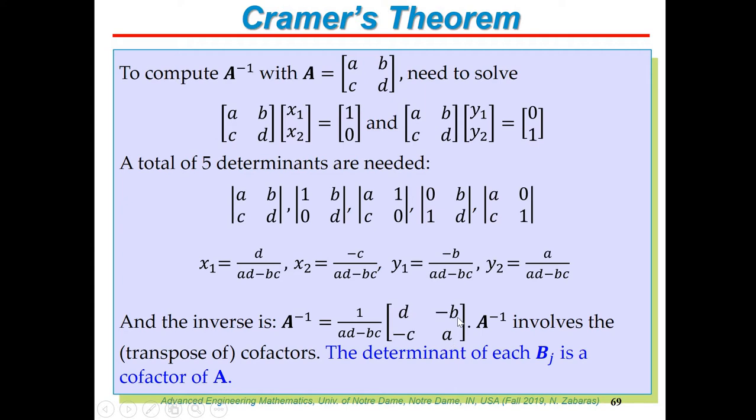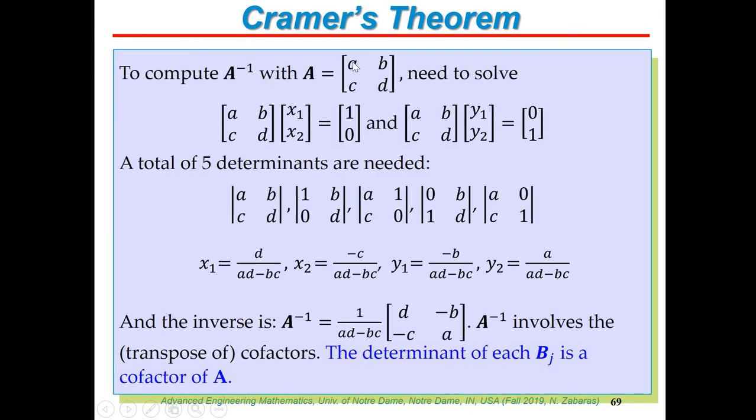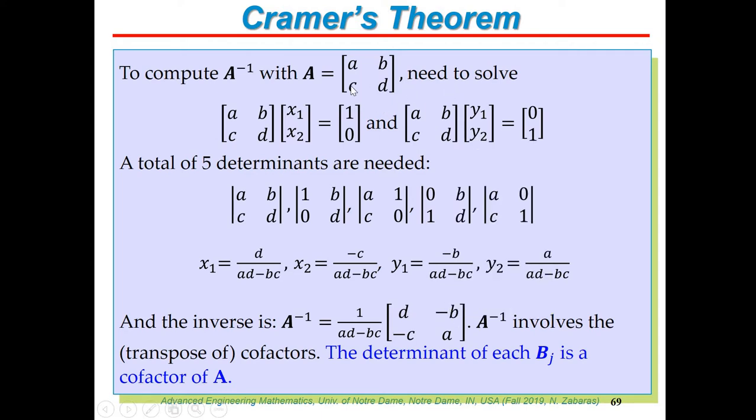But let's look at what minus B is. So this is the element 1, 2 of the inverse matrix. Let me take the element 2, 1 of A and compute the cofactor of the element 2, 1.